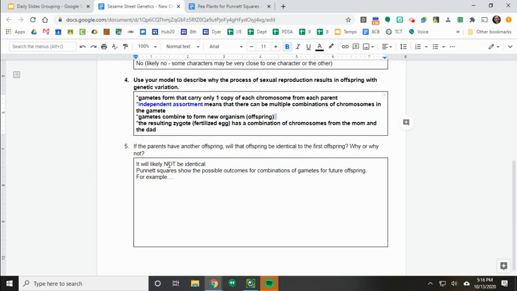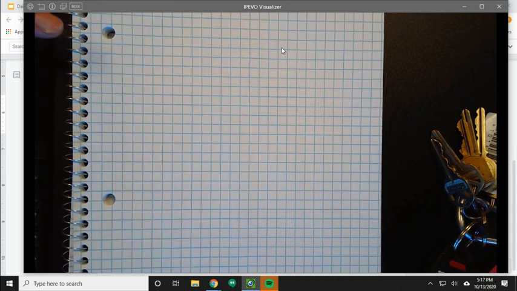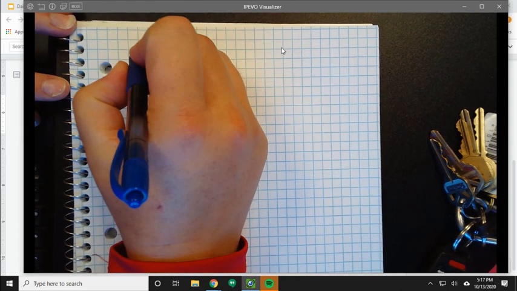Their offspring that each of the different people stood up and shared about were different from each other. They weren't all identical. So how could we predict that? Well, that's where this idea of something called a Punnett square comes in, and that's where the Punnett square is really, really quite helpful.